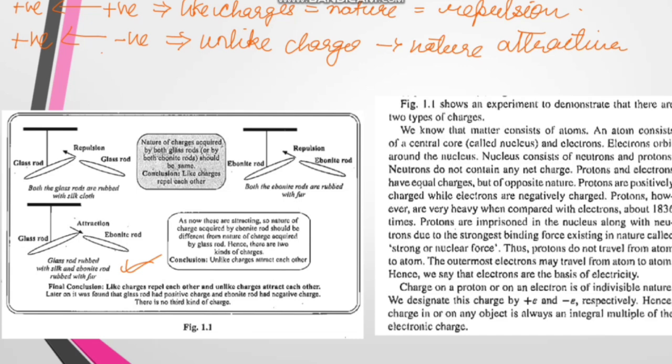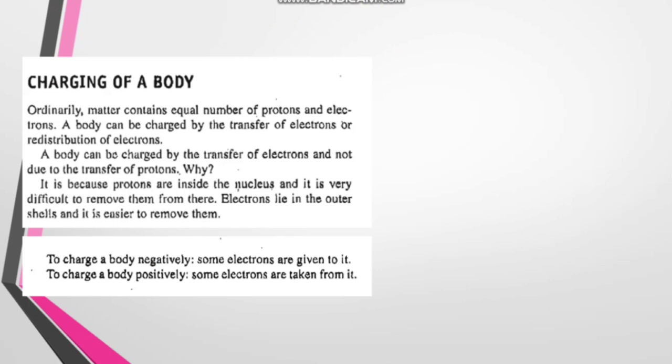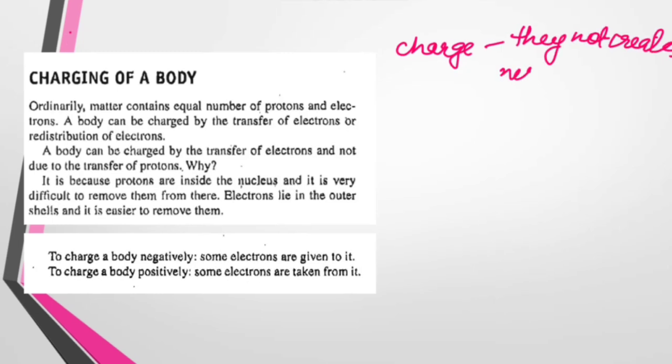See, in this experiment, I just want to explain how charging of a body is possible. Charges have one property: they are never created or destroyed, they only transfer from one place to another.